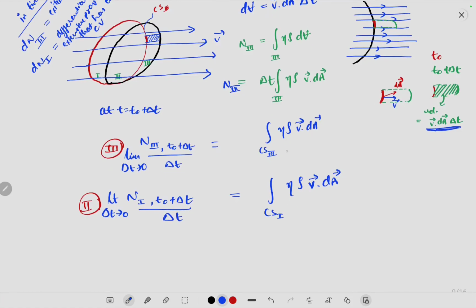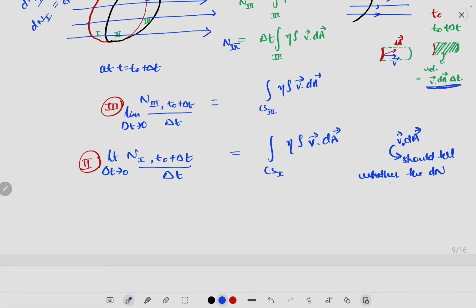Okay, and when we are getting these expressions, we are saying that we'll calculate v vector dot dA vector, so the sign of v dot dA should tell me whether the dn, or the differential of this extensive property, has entered. So ideally it should tell me whether this dn has entered or exited my control volume.